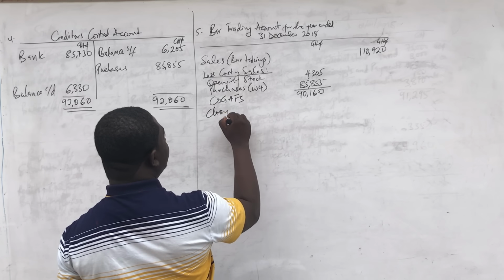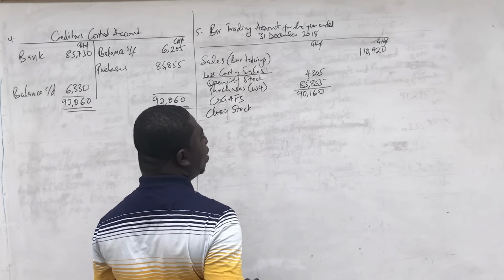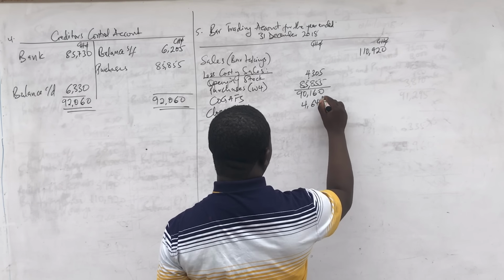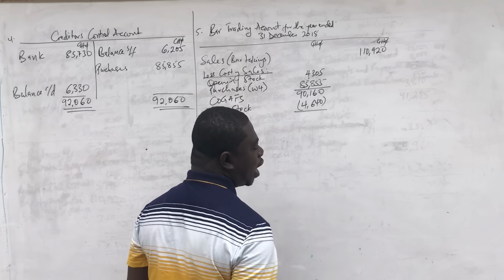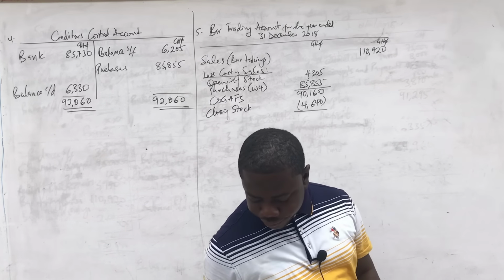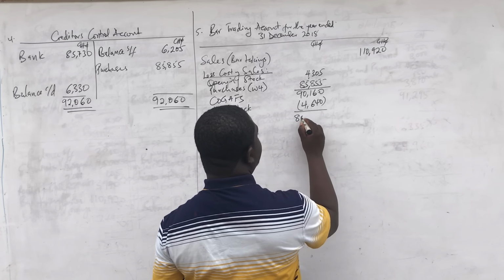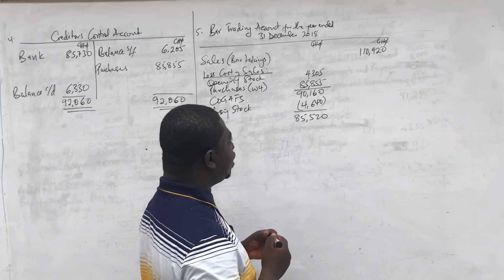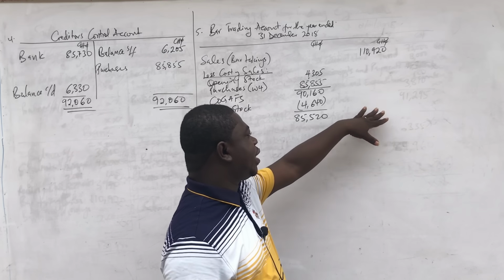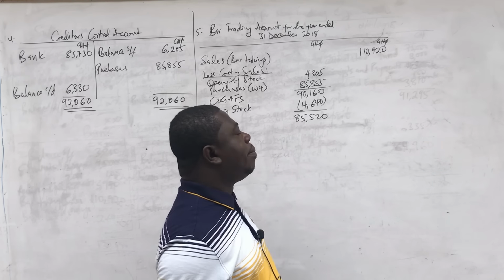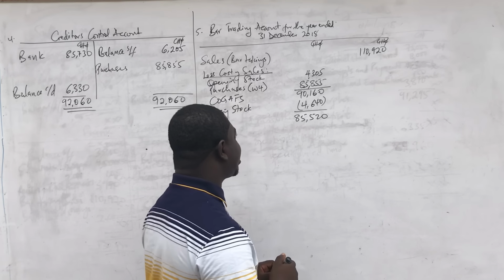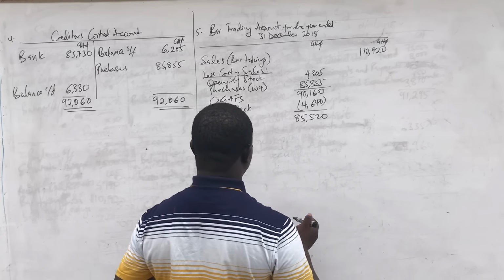And then we take out closing stock for the bar. So the bar stock, the closing balance for bar stock is 4,640. And when we take that out, we are going to have 85,520. Now that is the cost of sales. So we take that out to get gross profit anyway. But remember, there was bar wages. This is not salaries. Wages is a direct expense. And so it has to be added to the cost of sales.